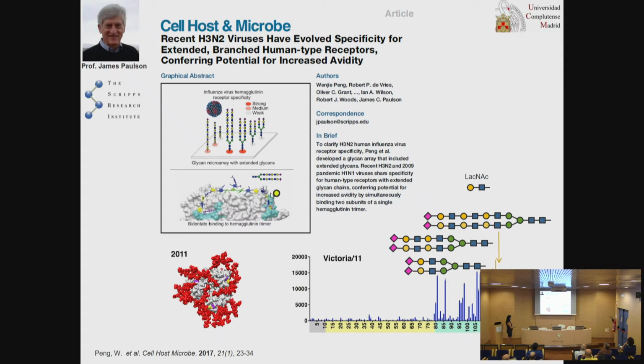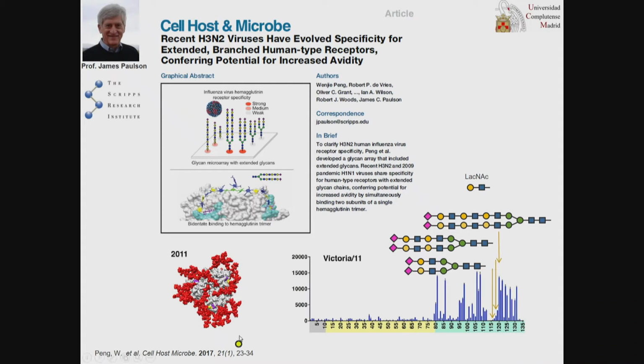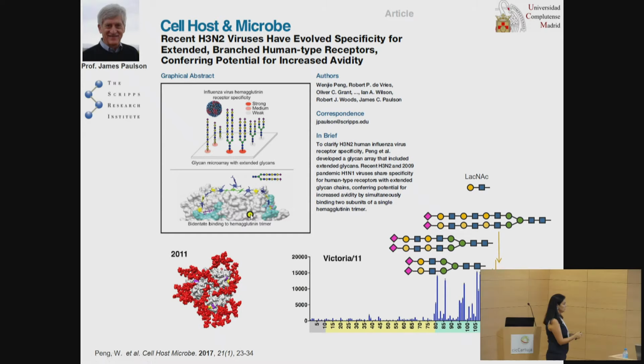This is a hypothesis, a computational model that has been calculated in Professor Ravi's group, and they postulate that these long chains can simultaneously bind to two carbohydrate binding sites in the hemagglutinin trimer. Hemagglutinin is a trimer with 3 binding sites for the sialic acid, and the idea is that perhaps these long chains can simultaneously bind to 2 of them.